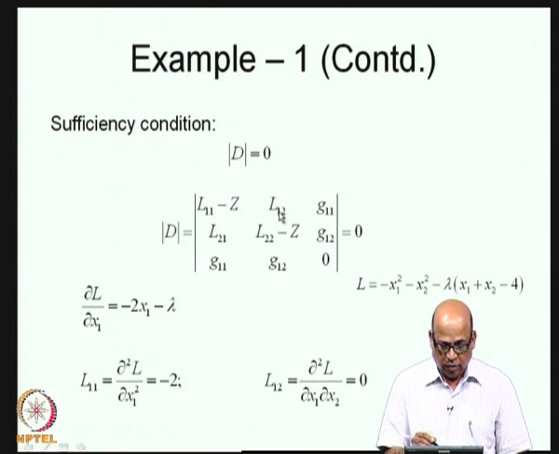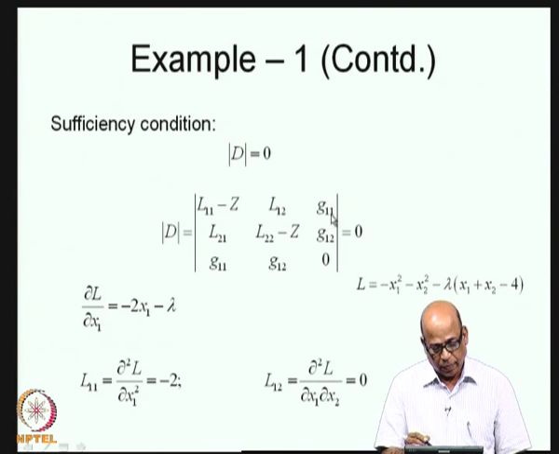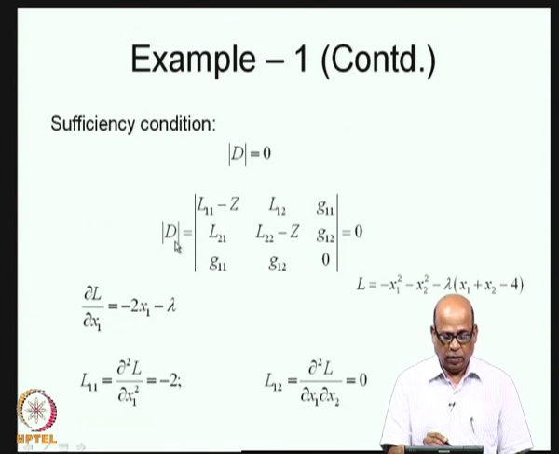This is d square L by d x1 d x2 and so on, and this is g11, which is the first order derivative of the function g1 of x with respect to the first variable, and first constraint with respect to second variable. Like this, we formulate the determinant and equate it to 0.